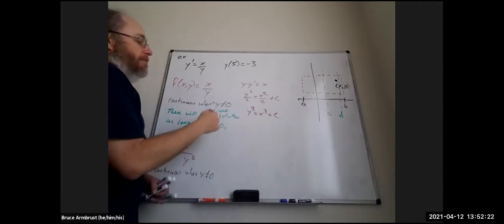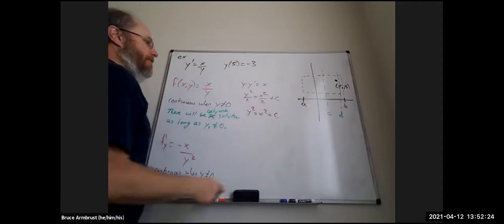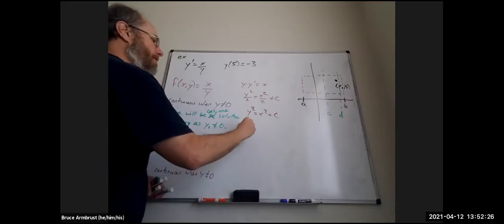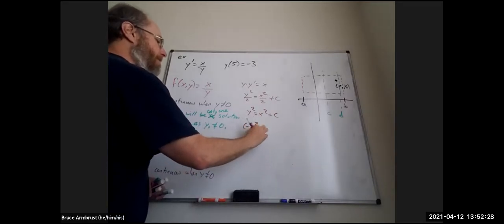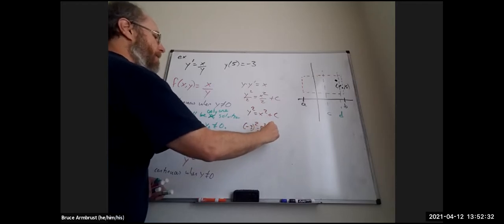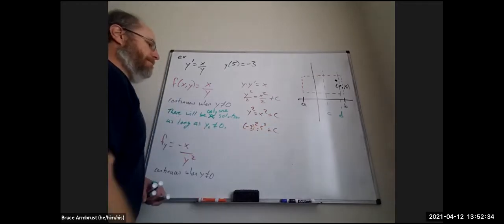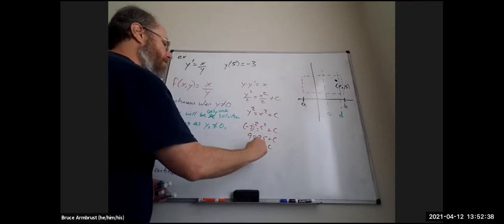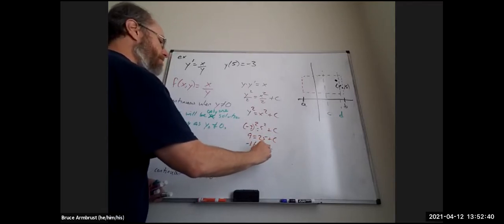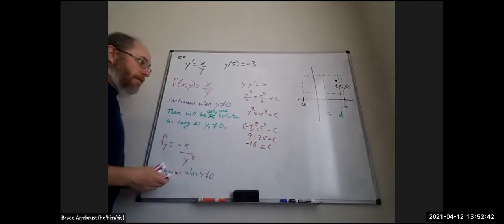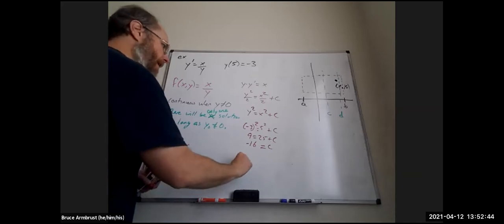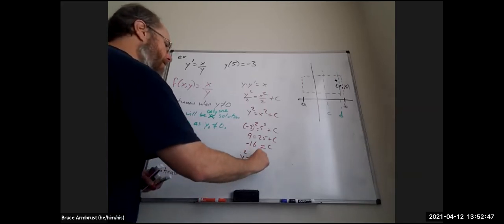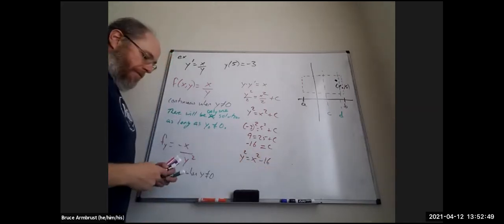Let's get c using our initial condition. So -3 squared equals 5 squared plus c. So 9 equals 25 plus c, or c equals -16. So we get y squared equals x squared minus 16.